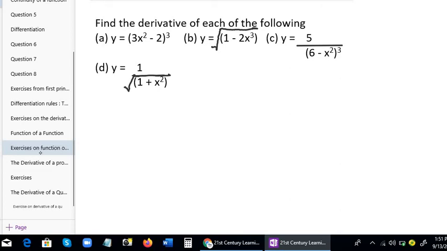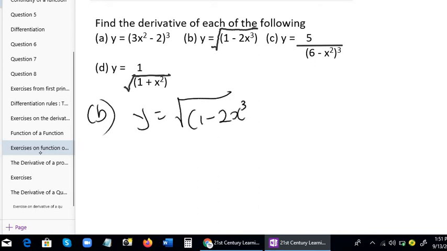For the B part, we have y equals root of (1 minus 2x cubed).